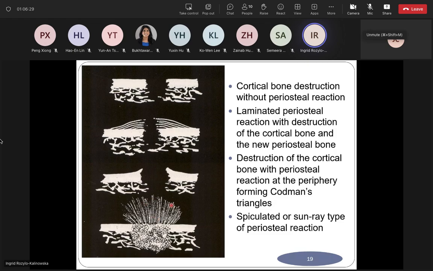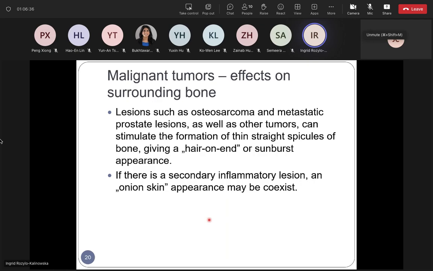And then there are spiculated, sun-ray type periosteal bone formations. Some lesions produce these straight spikes, and they are also called sunburst.